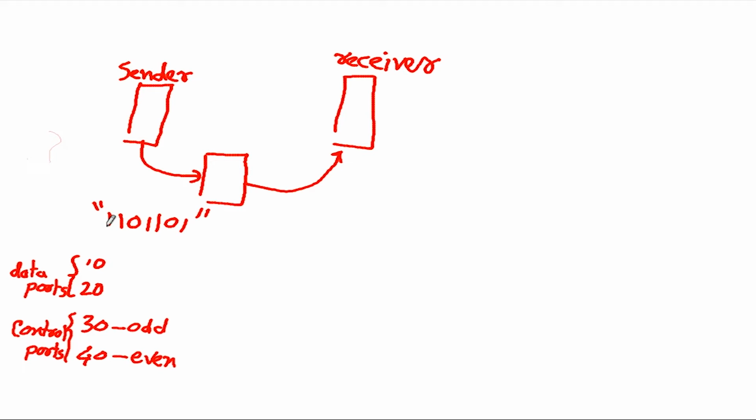Since we start with the 0th bit, this bit would be sent through this port, and the next bit, which is 1 again, would be sent on this port 10. The third bit, which is 0, would be sent here with the control line even, and the fourth bit would be having the control of 30 and sent on this port 10. In this way, we are sending bit by bit from the sender to the receiver. So let us see how this program actually works.